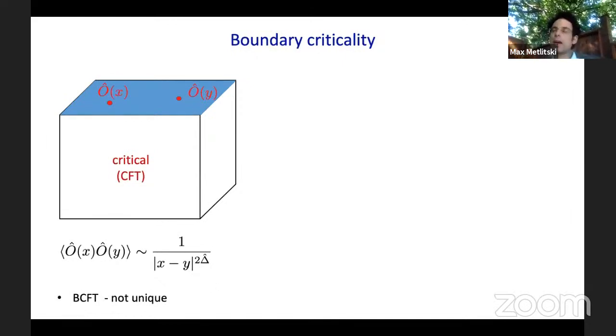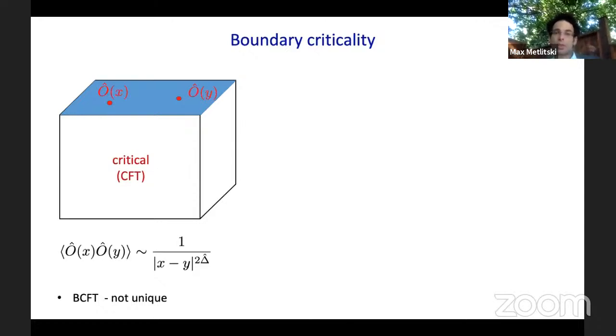The second point is that the boundary conformal field theory corresponding to a given bulk conformal field theory is not unique. There can be multiple boundary universality classes corresponding to the same bulk universality class. And you can tune between these boundary universality classes by changing the microscopic Hamiltonian near the boundary. We will see some examples of this. So loosely speaking, there can be more than a single boundary condition.